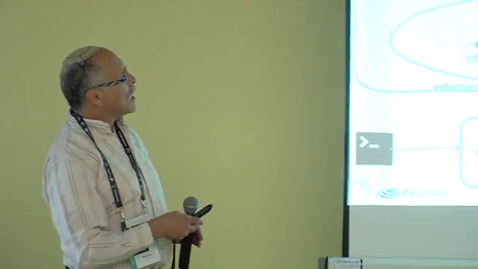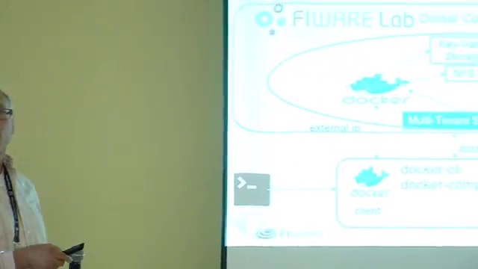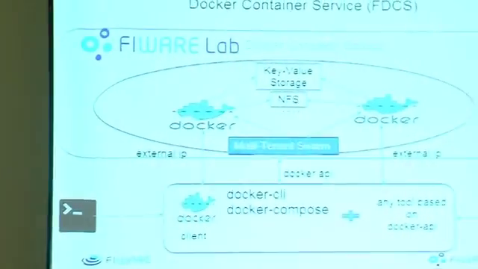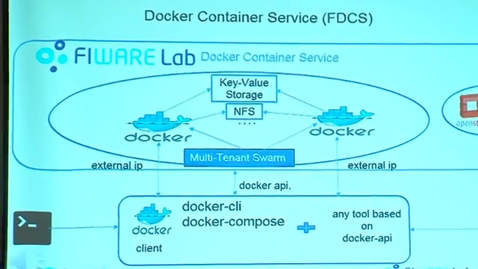So what did we give you? We have a Docker cluster up there. We have a key value storage and NFS. The key value storage allows us to give you an overlay network over all of the clusters, so you don't have to worry about that.